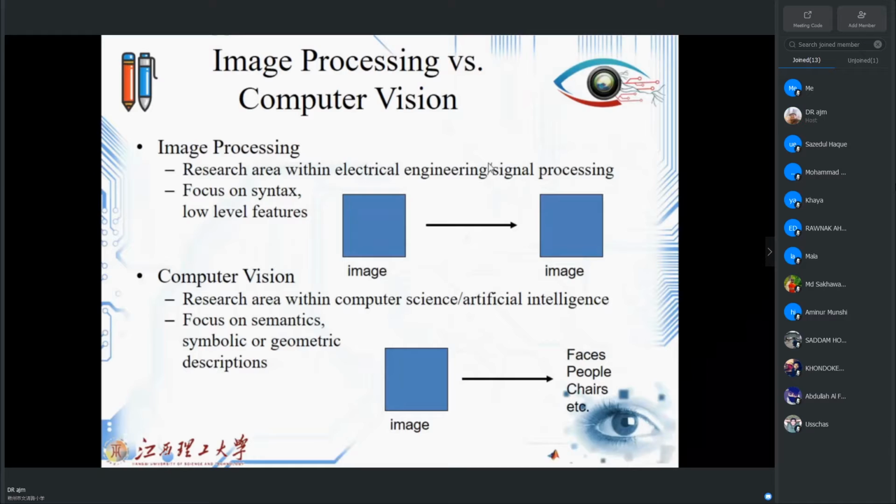Then computer vision, whose research area is with computer science and artificial intelligence people, and we are working on the symbolic or geometric description of an image. It means that if the input is an image, the output is faces, people, chairs or any object.